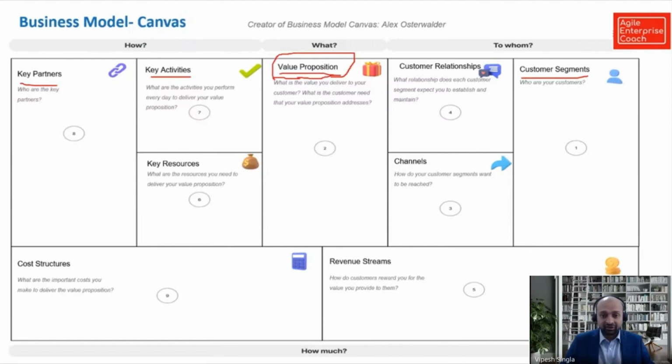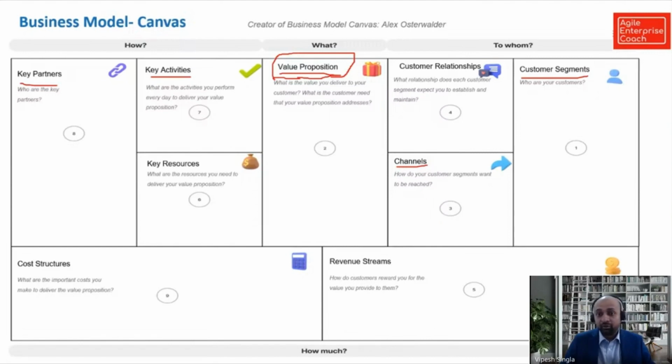The next section is the channel. In the channel section, you capture how these propositions are promoted, sold, or delivered, and why, and whether it is working or not. These are the various channels you use for promoting, meaning advertising your products, selling your products, and delivering them.